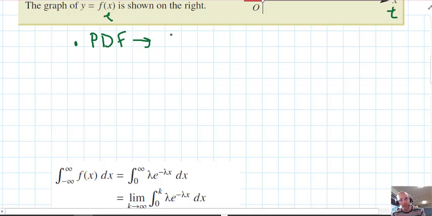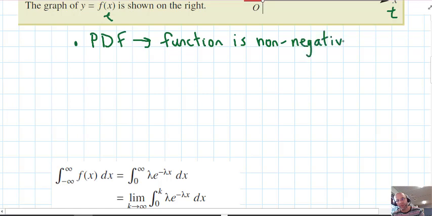So just noting that last point, probability density functions are non-negative, so the function is non-negative, because it's relating to probability, and the lowest value can be 0. 0 or greater.